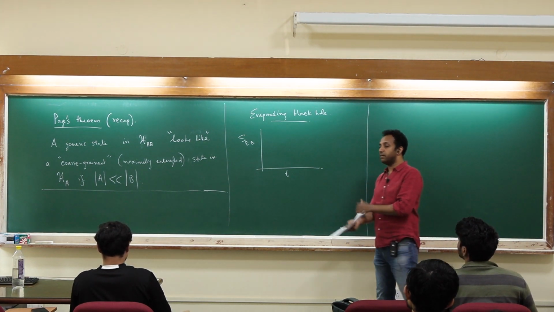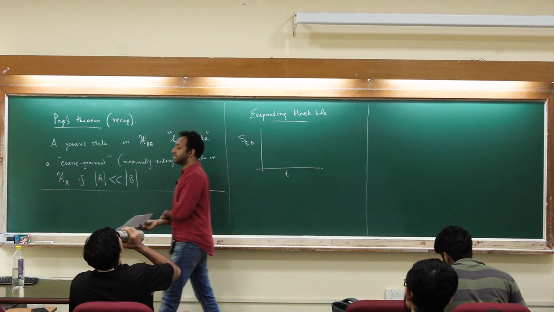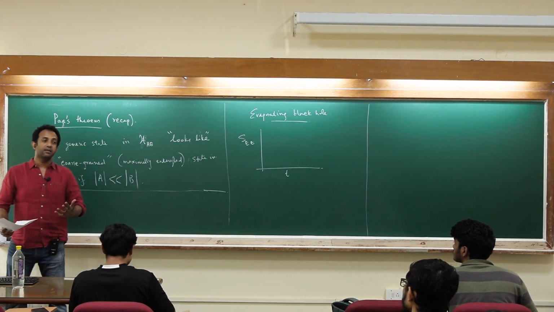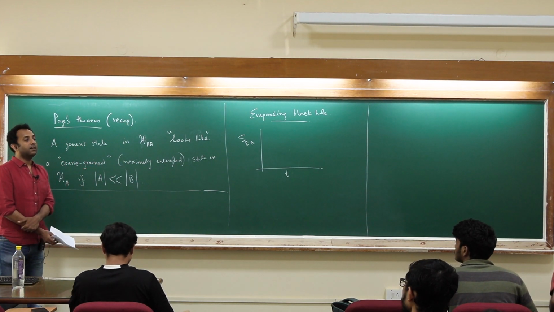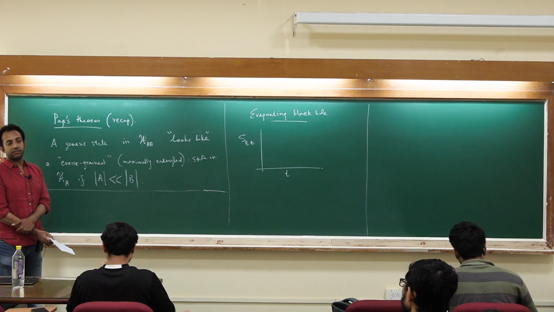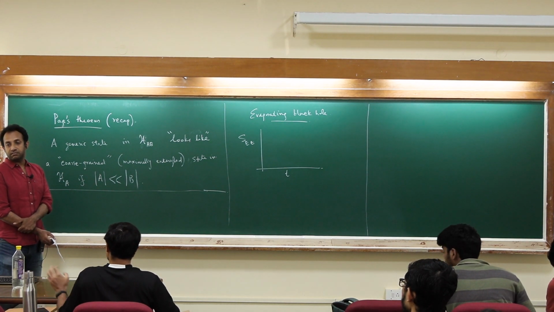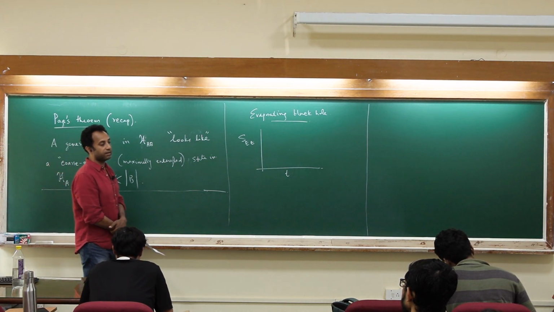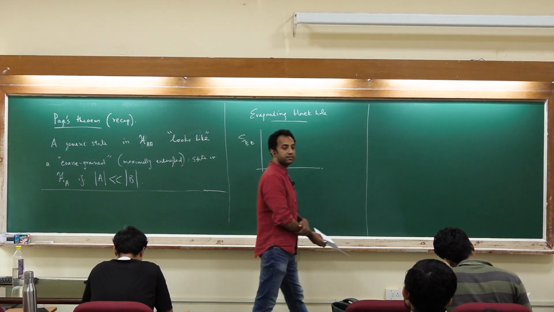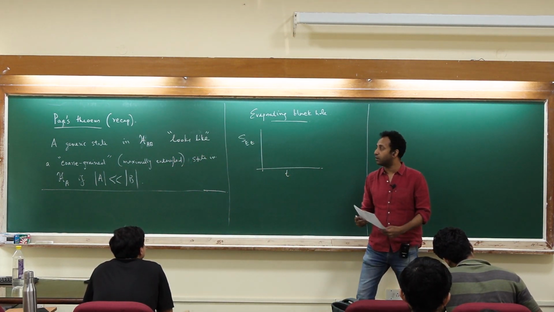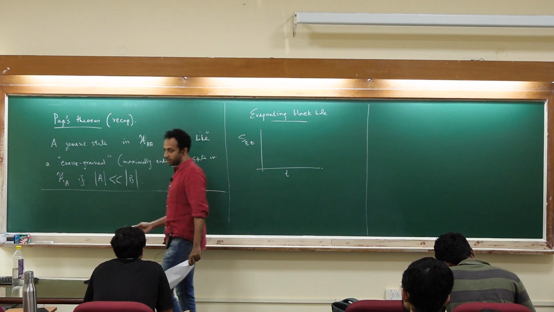The only way we could salvage that situation is by replacing that state by some complicated state, which presumably will behave like a thermal state when you're computing, let's say, scalar field, small operators in that state. So this is how we are planning to evade the information paradox.